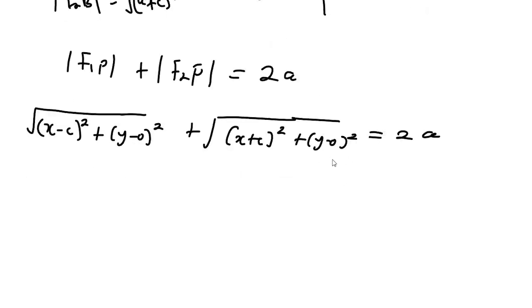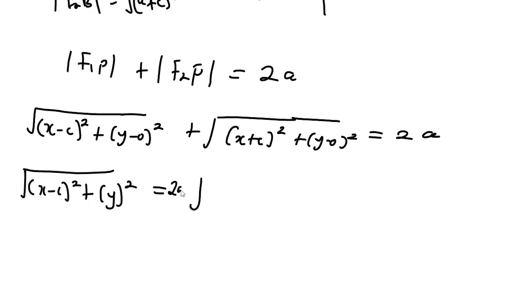Now let's try to bring the whole of this to the other side of the equal sign. So now we have root of x minus c squared plus y squared being equal to 2a minus square root of x plus c squared plus y squared.